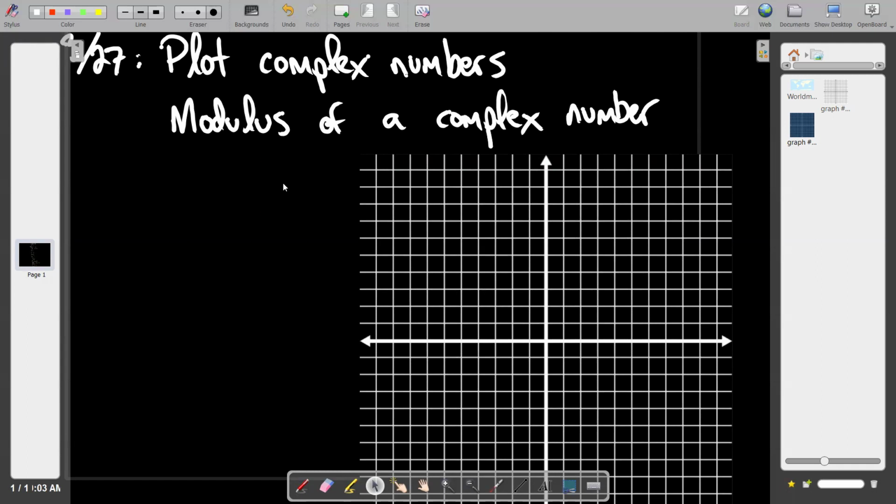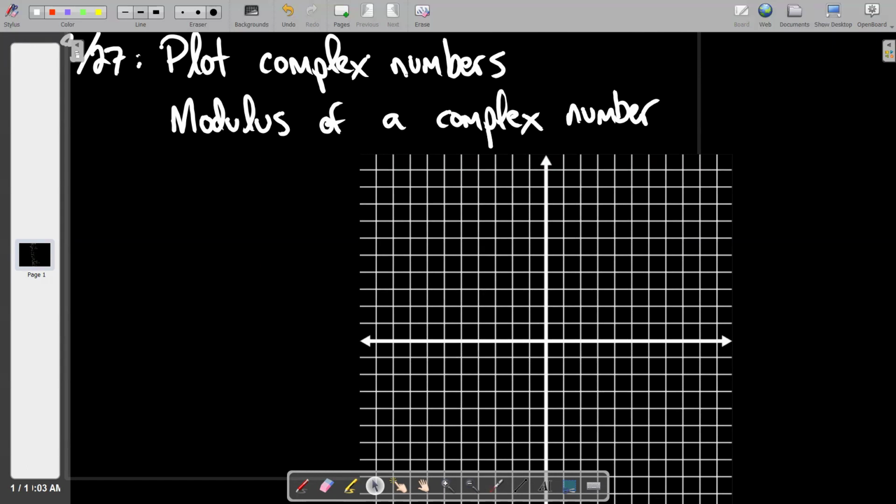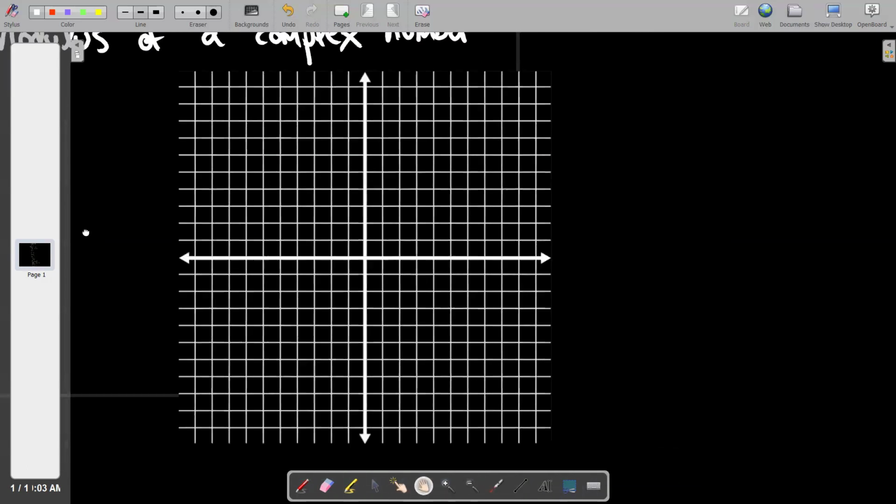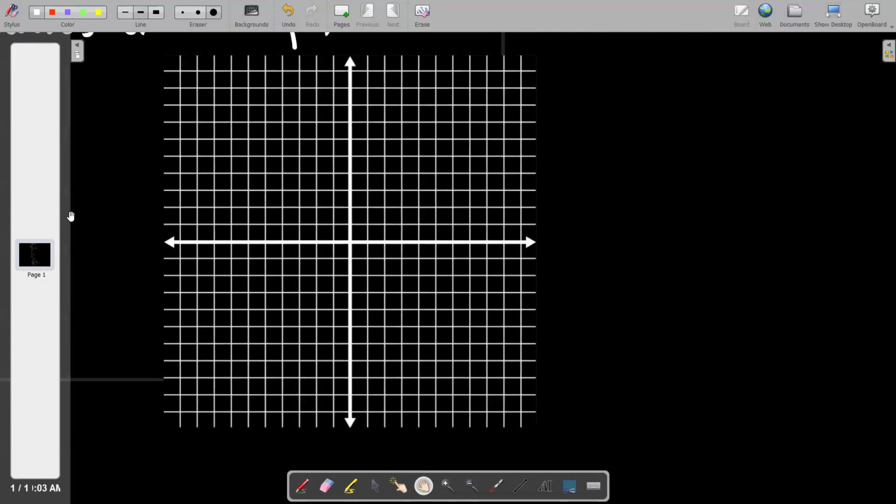When you see an X-axis and a Y-axis, that's a Cartesian plane. When we graph complex numbers, we graph them in the complex plane, and we rename the axes. They are no longer X-axis and Y-axis. The artist formerly known as the X-axis is the real axis. And the artist formerly known as the Y-axis is, you probably can guess, the imaginary axis.